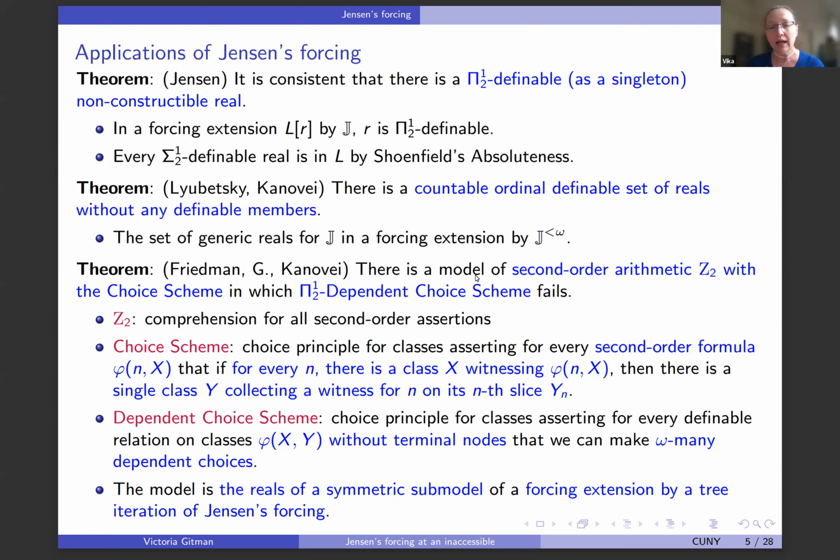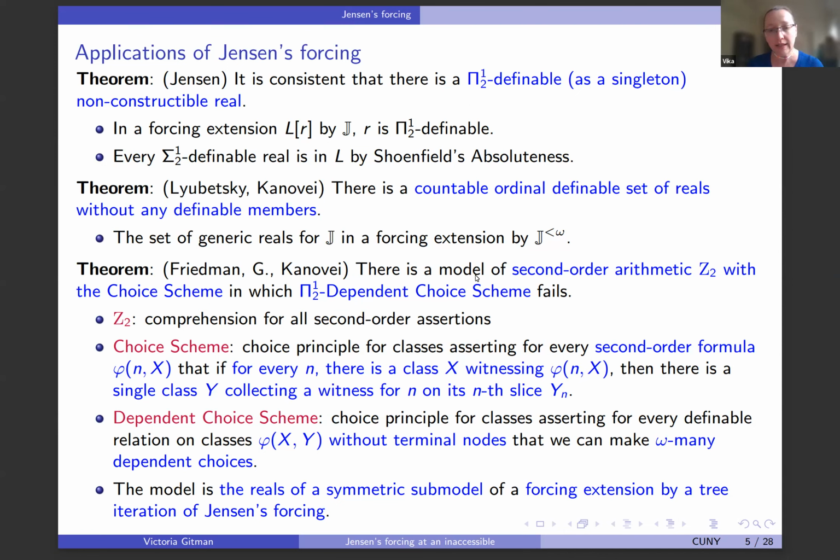It turns out that you can strengthen the comprehension hierarchy. Even if you have full comprehension, you can strengthen this further by adding choice principles for classes. There are two main choice principles that people look at in second order arithmetic as well as second order set theory: the choice scheme and the dependent choice scheme.